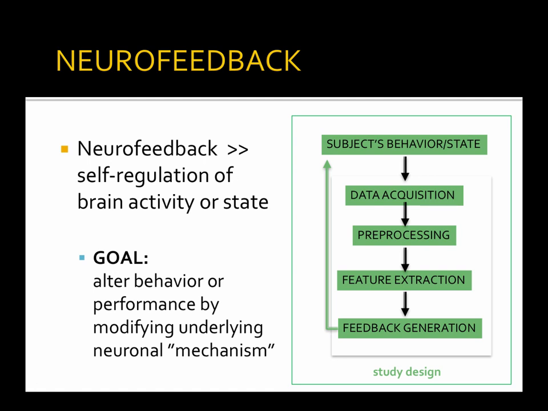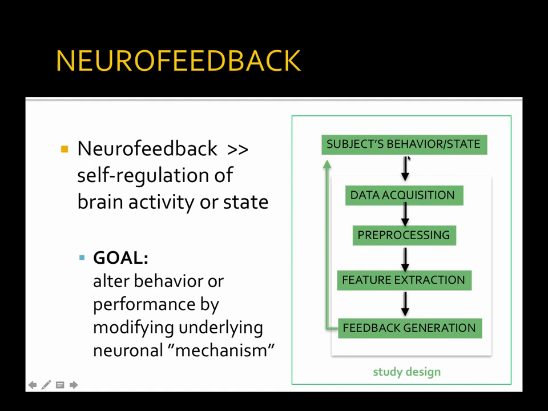And the goal is to alter the behavior or performance by somehow altering the neural mechanism that is behind it. So I will go over this schematic, and this will be the outline for what we are going to be discussing today.